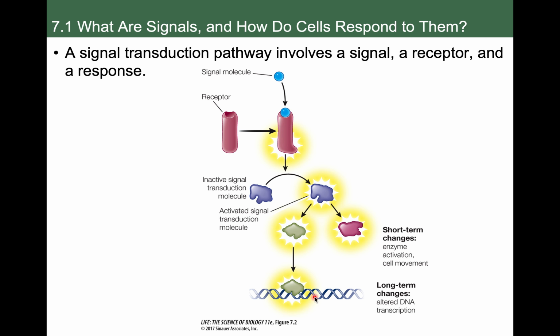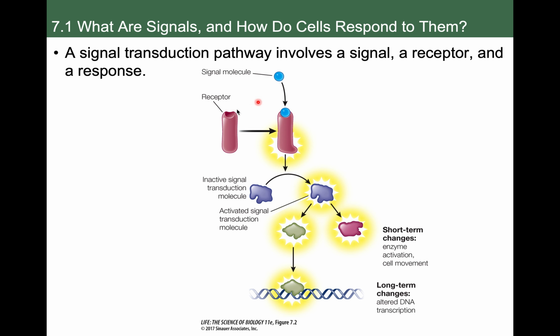That would allow us to either stop producing proteins that we're already making in the cell, or maybe produce new proteins that weren't previously being made in the cell. And the presence or absence of those proteins then is going to change the biology of that cell. It's basically the outcome.